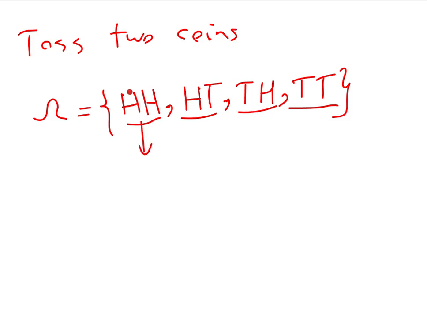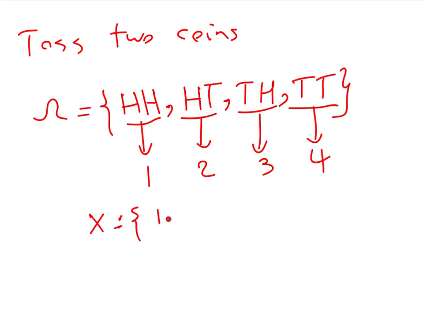For example, we assign to HH the value 1. We assign 2 to HT. We assign 3 to TH, and we assign 4 to TT. Now, we have a random variable that takes the values 1, 2, 3, and 4.